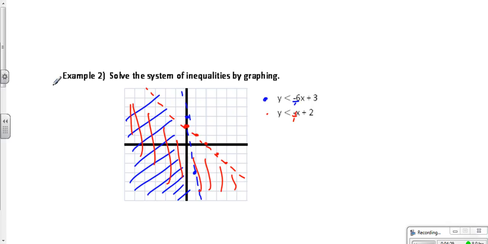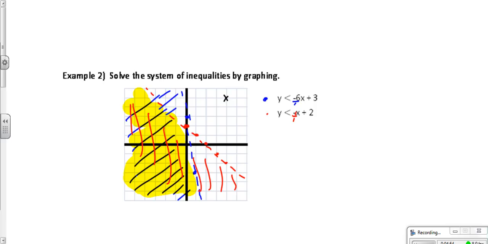And again, it's where their shading overlaps that your solution region is. So again, if I picked a point over here, that coordinate would not work for either equation. If I picked a point, and this should have gone further.